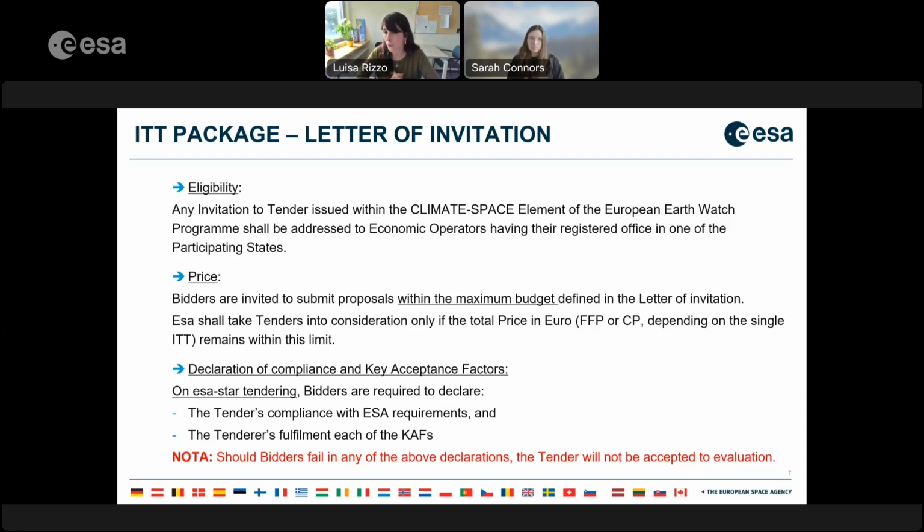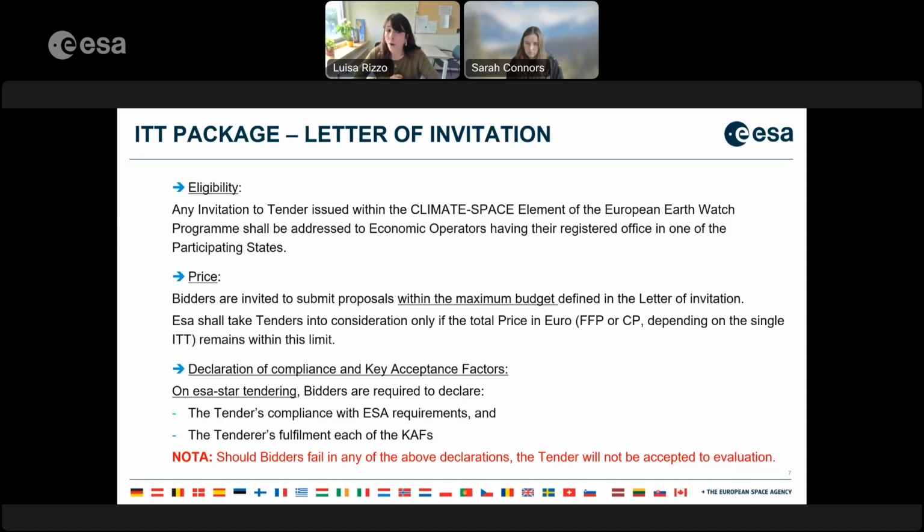You can submit a proposal which doesn't meet the eligibility requirement, but of course it will not be recommended for sure by ESA, because at the evaluation stage we must exclude the proposals that are not compliant with the provisions contained and listed in the letter of invitation. So please make sure that you're meeting the eligibility requirements before submitting a proposal.